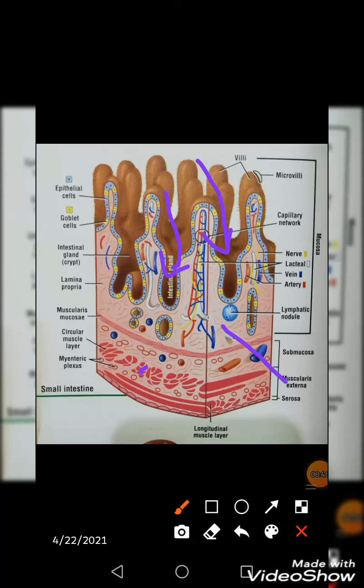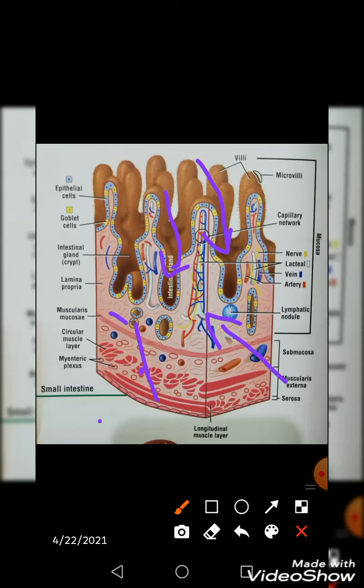In the lamina propria, in addition to the previously discussed features, the connective tissue cells are heavily infiltrated with lymphocytes and other cells of the immune system, like plasma cells, macrophages, mast cells, and eosinophils.